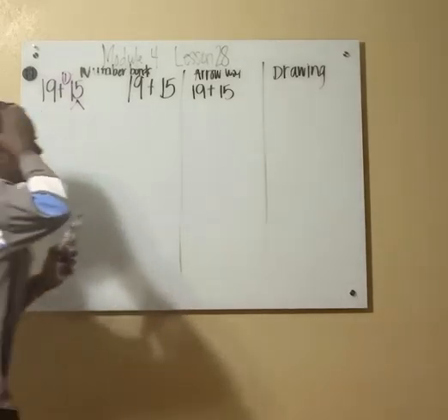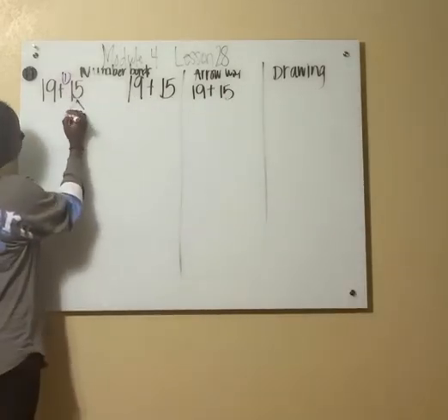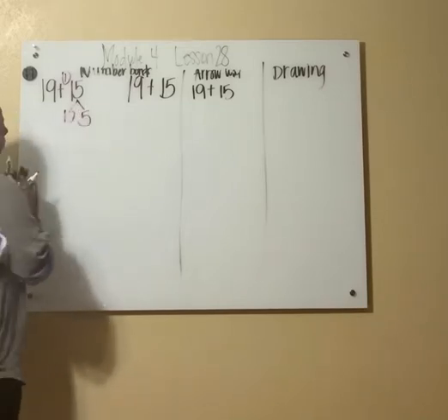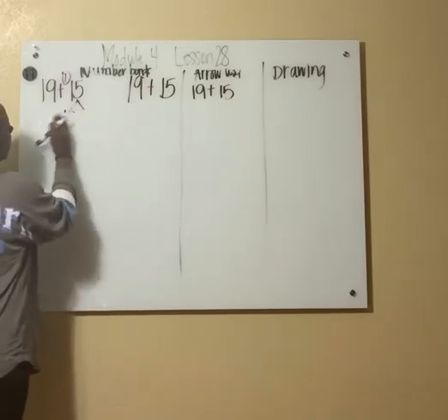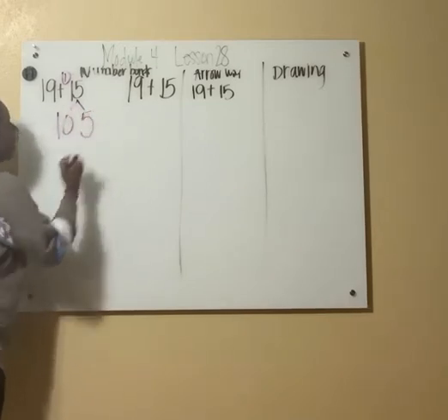That's the first way. So I will take 10 and 5. I'm going to make it a little bigger so you guys can see. I have my 10 and my 5.